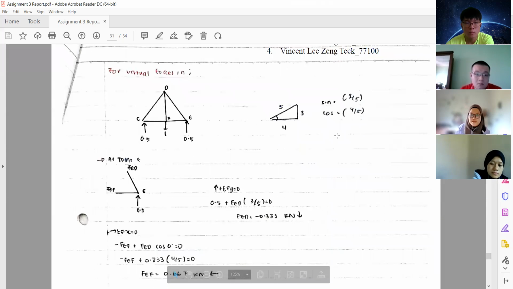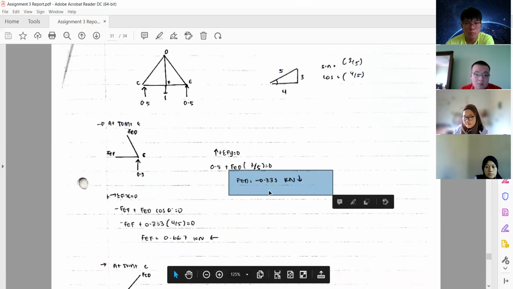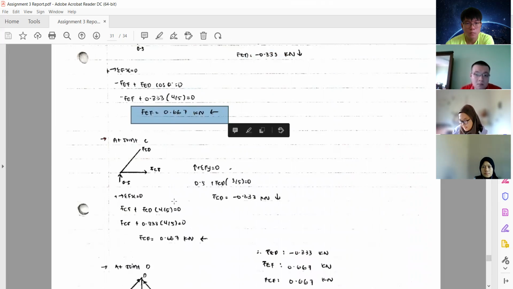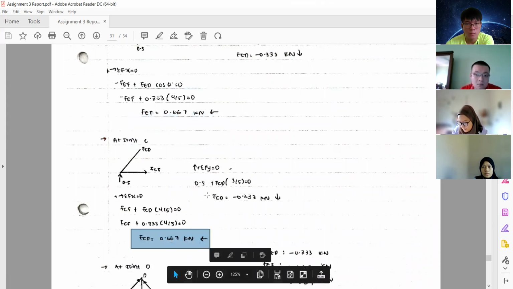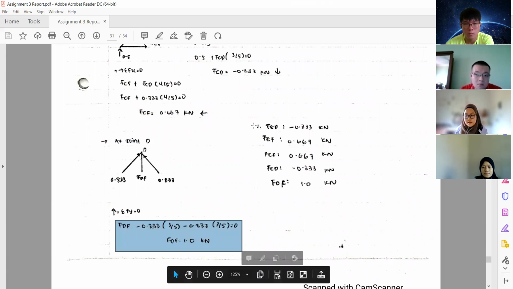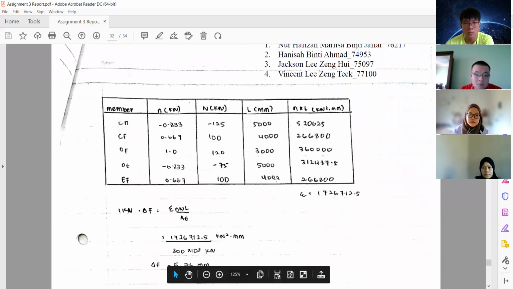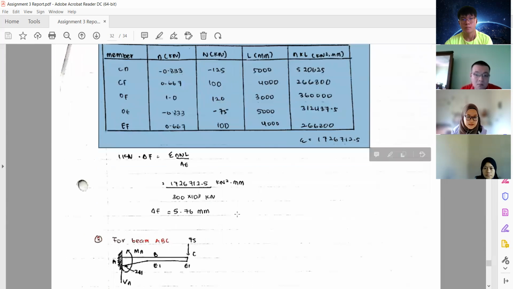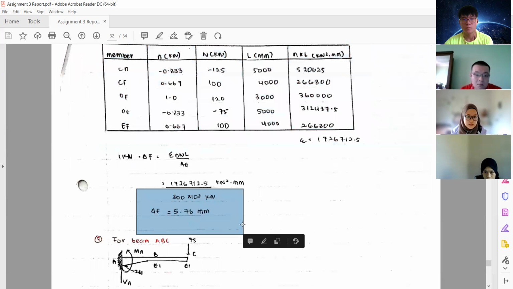And for the virtual forces, I get FET negative 0.833, FEF 0.667, FCF 0.667 also, FCD negative 0.833, and FDF as 1. So after that, I use the table to calculate the deflection at the end. By using the equation, I get the deflection at F as 5.76 mm.